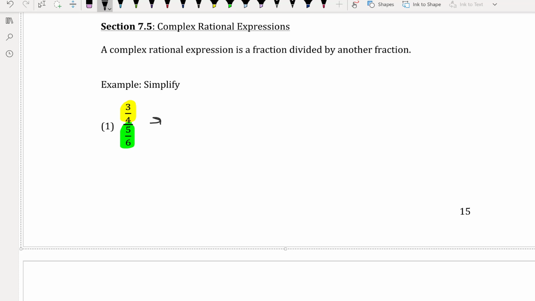So I'm going to rewrite this. I have the 3/4 being divided by the 5/6.